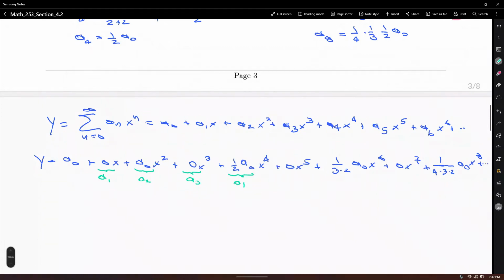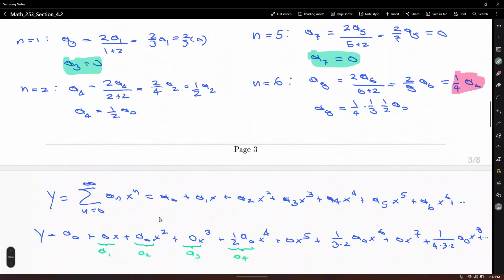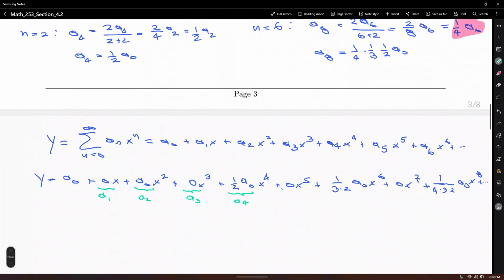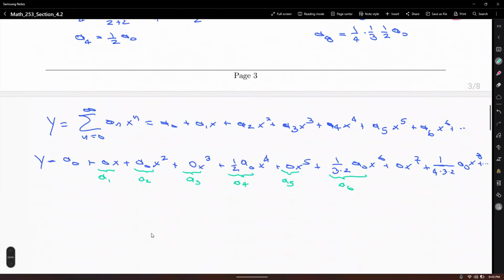A sub 4, go back to a sub 4, that's a half a sub 0, and then a sub 5, that is 0 again. A sub 6, that's 1 over 3 times 2, a sub 0, isn't that true? Which is this one right here, and a sub 7, and then a sub 8.